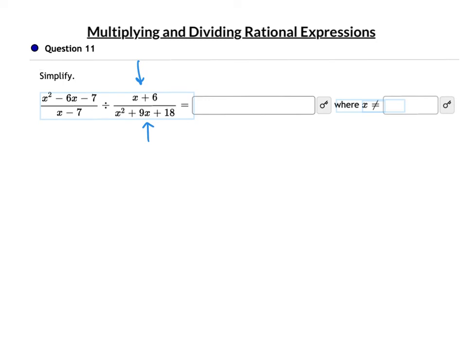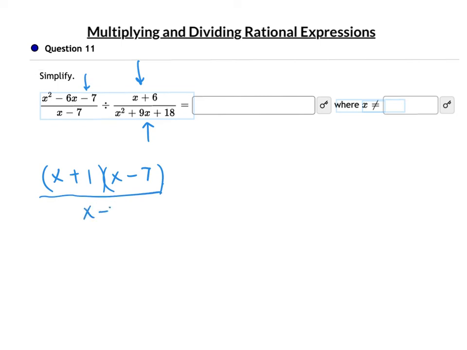Factor the numerator up top here, x squared minus 6x minus 7 is going to be x times x, a positive times a negative to make negative 7. Factors of 7 that subtract a 6 are 7 and 1. 7 and 1, I've got to make them add to negative 6. That's negative 7 and positive 1.